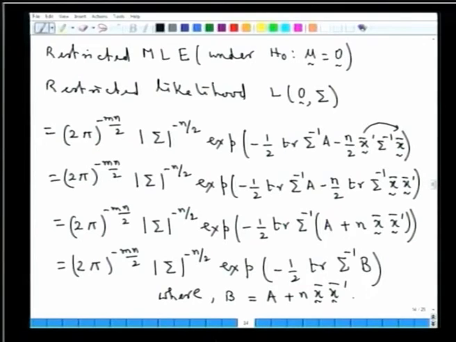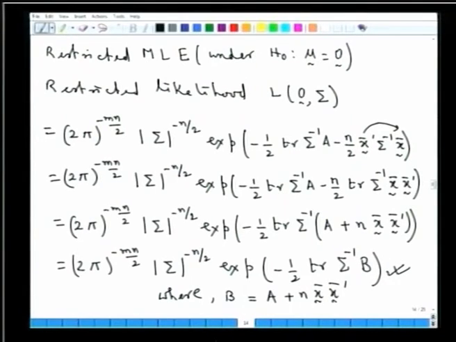transpose. Now note that this form that we have here is similar in nature to the form which we had to encounter in order to find out the unrestricted maximum likelihood estimator in case of a multivariate normal distribution.